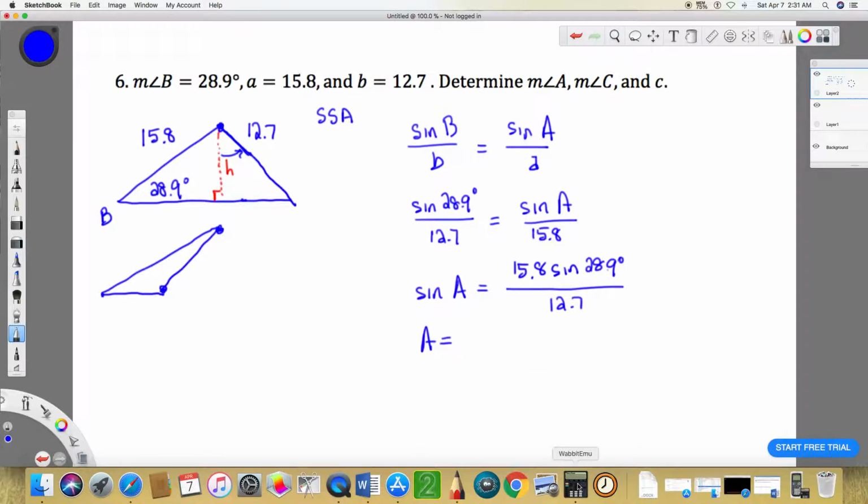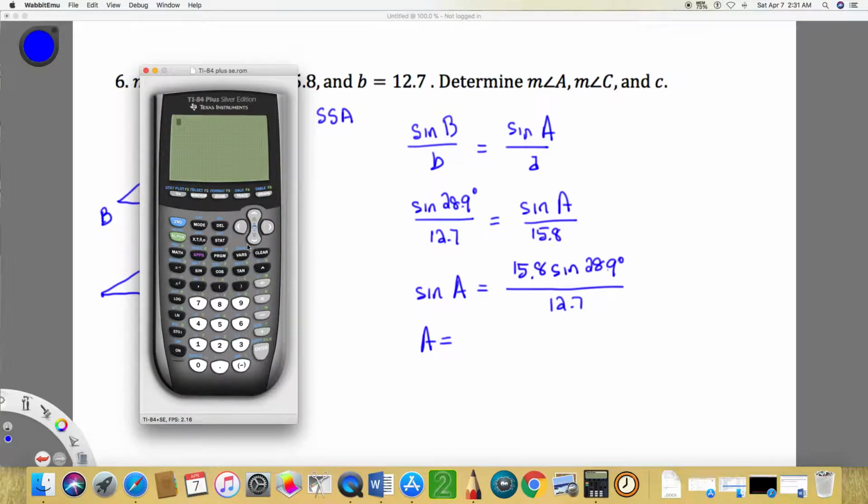So let's use our scientific calculator. Double check that we're in degrees. We're set to round to 2 decimals, and that's fine. If we find first this ratio by taking 15.8 times the sine of 28.9, don't forget to close that parenthesis, divide it by 12.7.